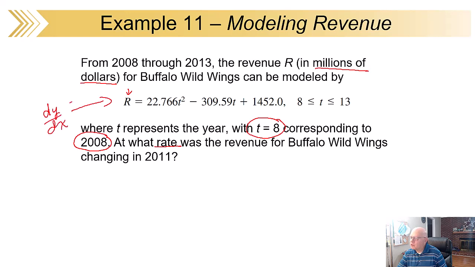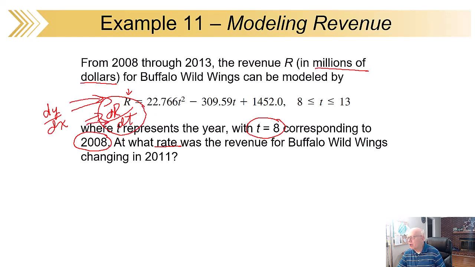you want to find the derivative of that. But it's not going to be dy dx, it'll be dr dt. Get accustomed to using some different variables. The beauty of this is you can look at it and see what's happening. How is the revenue changing as time changes?